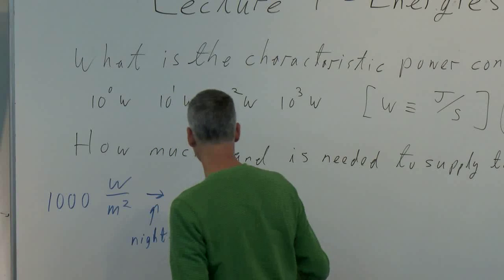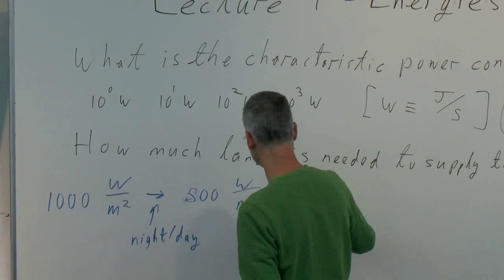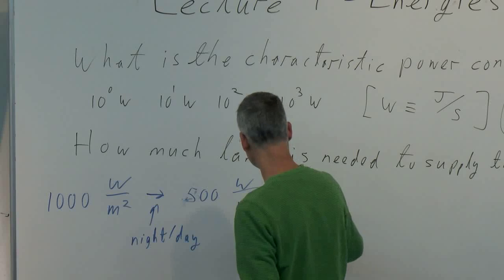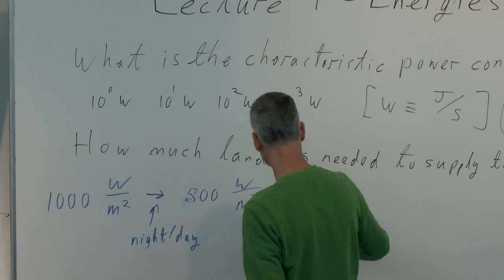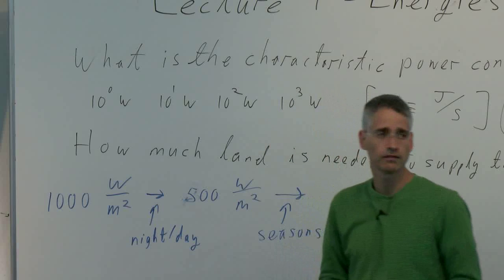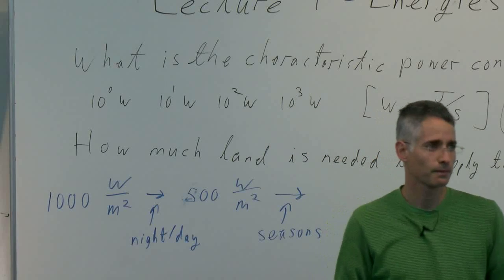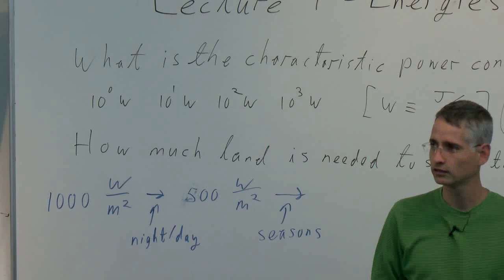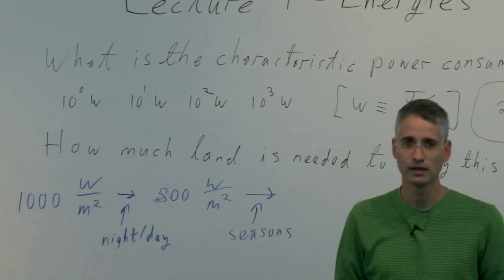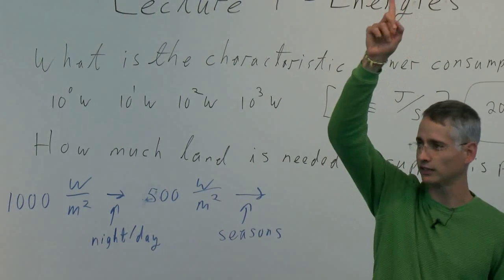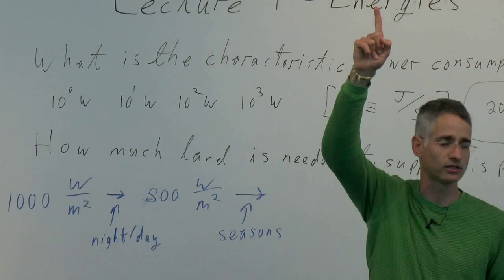Now people said, okay, now we need to take into account the seasons. Why do I care about the seasons? Because the sun is not above me, right? So it's not only the season, it's something else as well.